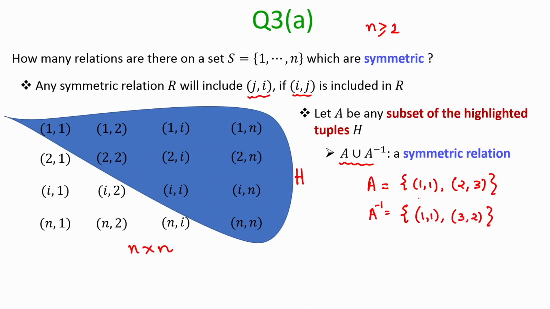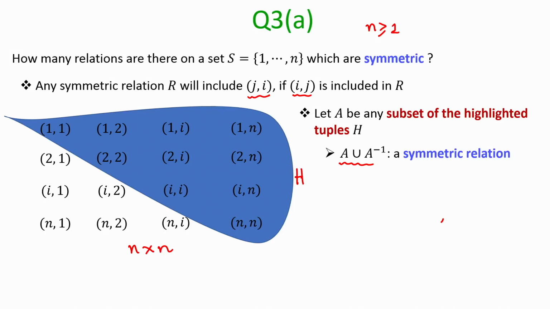Now, if I take the union of these two relations, that will give me a symmetric relation. Like that, I take any subset A of the highlighted tuples, and to that I add all the ordered pairs found by taking the inverse of the ordered pairs in the set A, then the collection will be a symmetric relation.